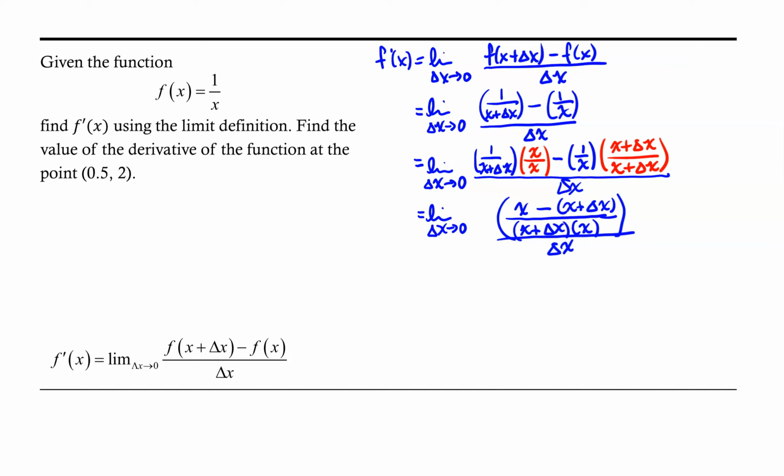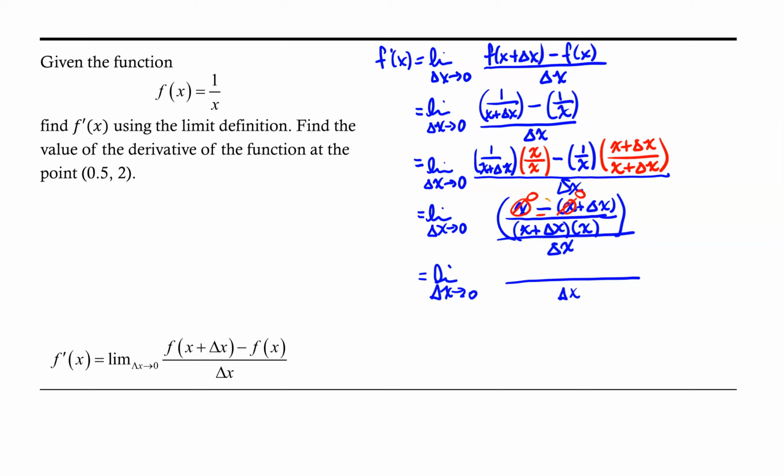Now let's not forget that this all was the numerator, and we still have delta x as the denominator of our limit. So now we have the limit as delta x goes to 0. My denominator is delta x. And let's see what happens in our numerator. I notice I have an x minus an x, so those will go to 0.